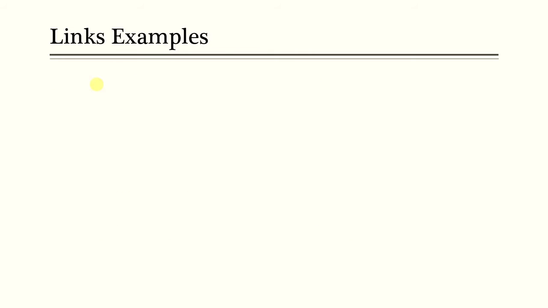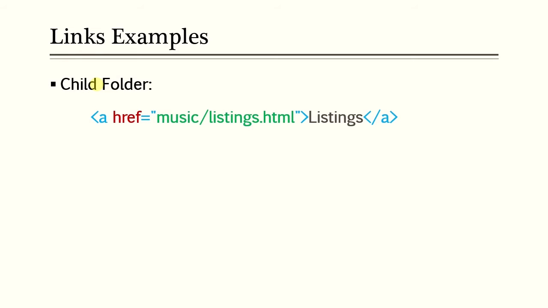Look at some other examples. To link a file from a child folder. Here, listening.html is the name of the file and music is the name of the child folder.